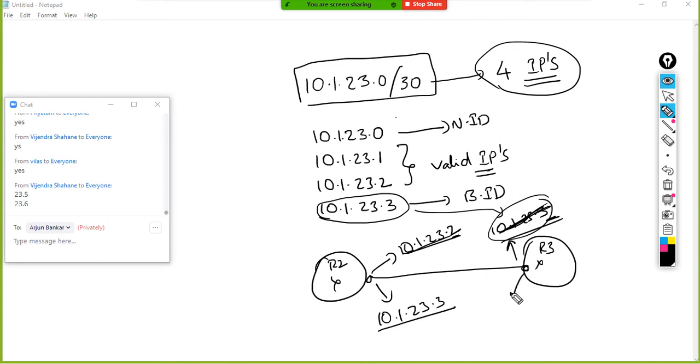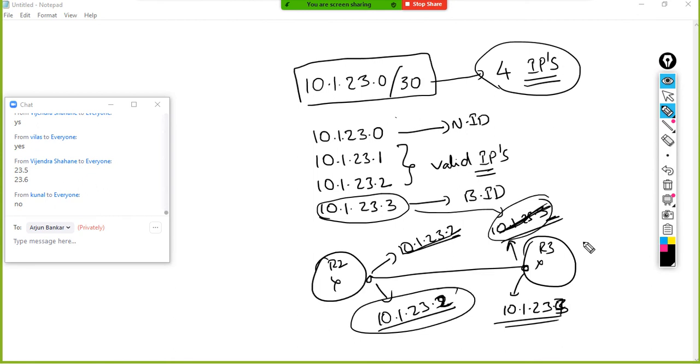Can we configure this? No, we cannot configure it. Then what's the alternative here? How can we do this? Can anybody help me out? What do you think?